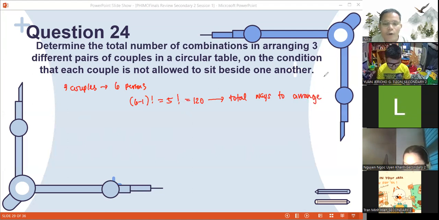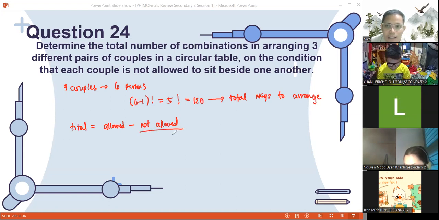Okay. Now, the condition is that each couple is not allowed to sit by one another. Okay, not allowed. So the total is equal to allowed minus not allowed. Right? So this one, we need to solve for the not allowed. Correct?